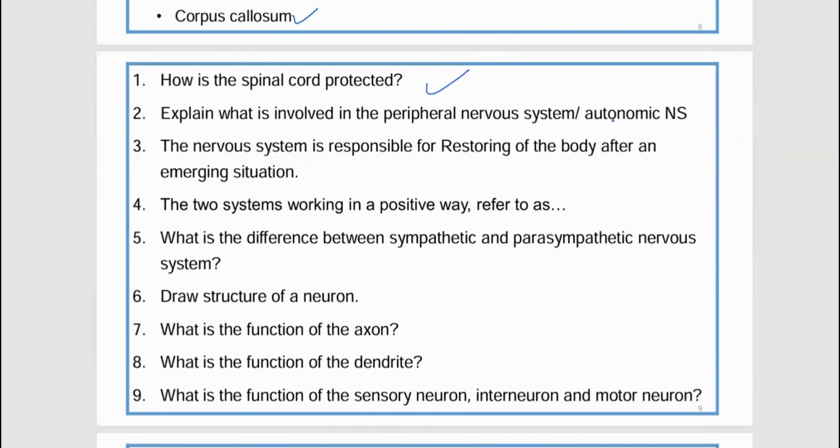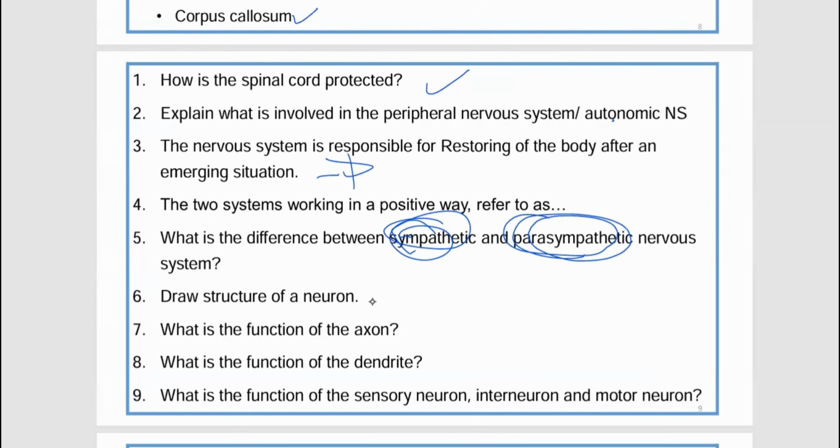And then they're saying explain what is involved within that response for restoring, you see, after is parasympathetic nervous system. Give two systems working together in the opposite way. Call it antagonistic. What's the difference between sympathetic and parasympathetic? This one brings about emergency, then this one makes that organ go back to normal.